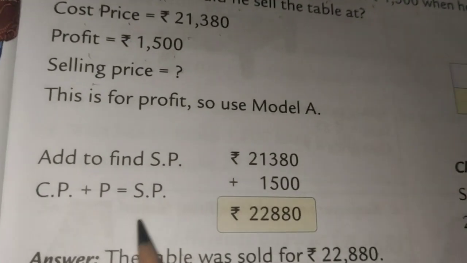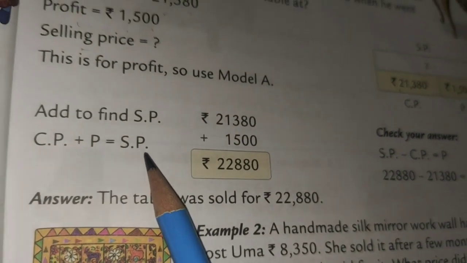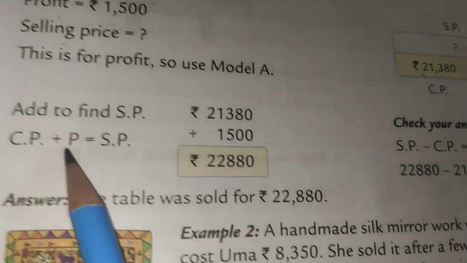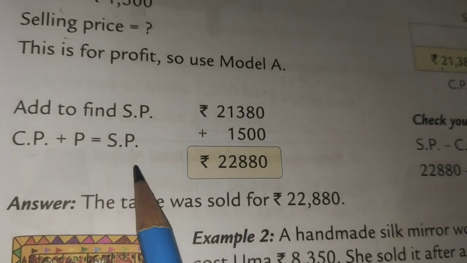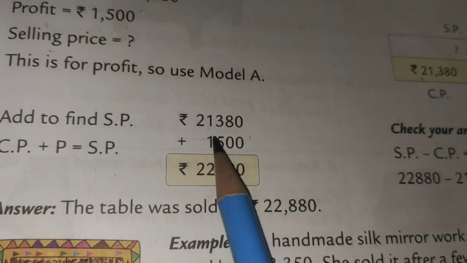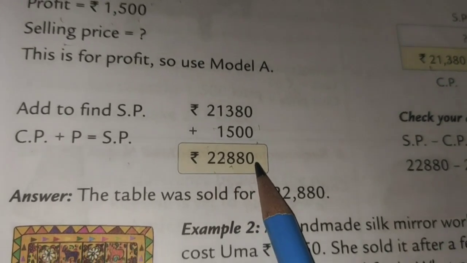This is totally different from finding the cost price. If we have to find a selling price, you add the cost price and profit, so you get the selling price. 21,380 plus 1500, so your answer is 22,880.